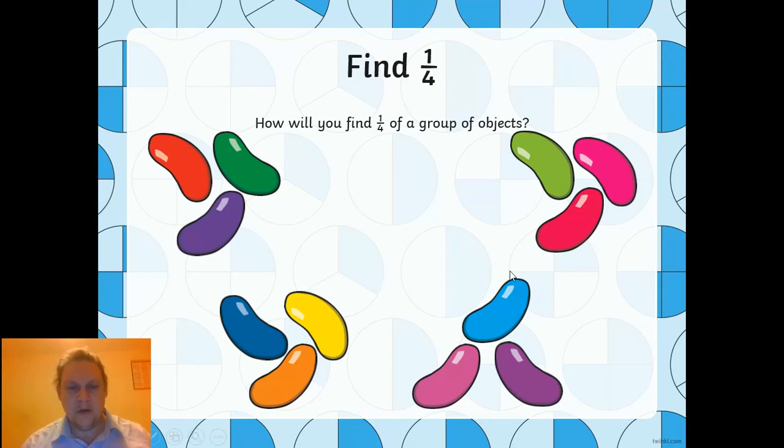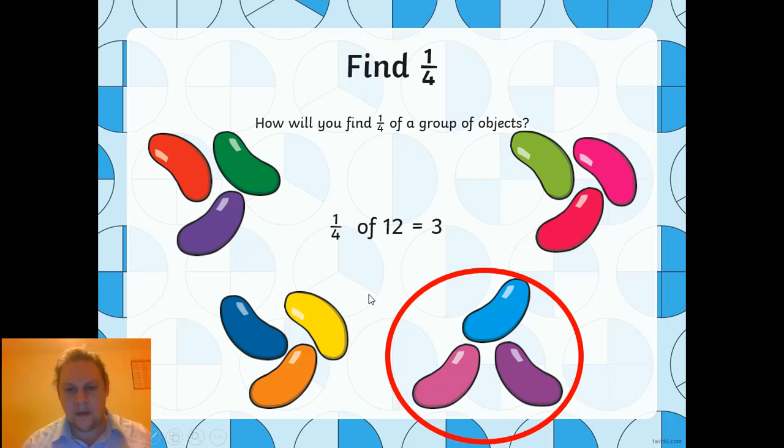In this case we've got 12, and we divided it into 4 equal groups. 3 was in each group, so we know a quarter of 12 is 3. Okay, a quarter of 12 is 3.